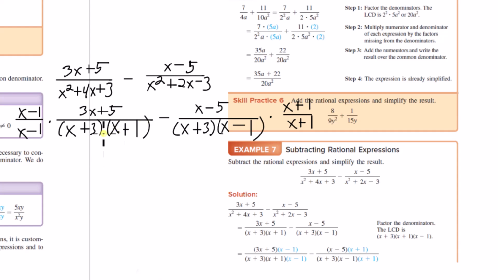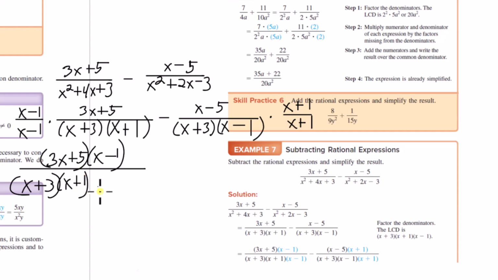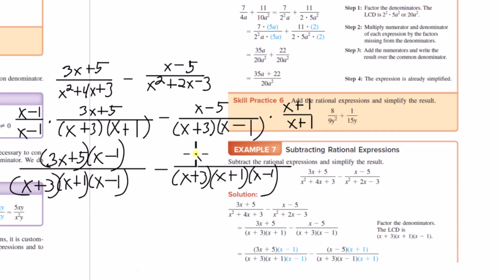And so we're going to get 3x plus 5 times x minus 1 over x plus 3 times x plus 1 times x minus 1, and then minus x plus 3 times x plus 1 times x minus 1. And up here, we're going to have x minus 5 times x plus 1.